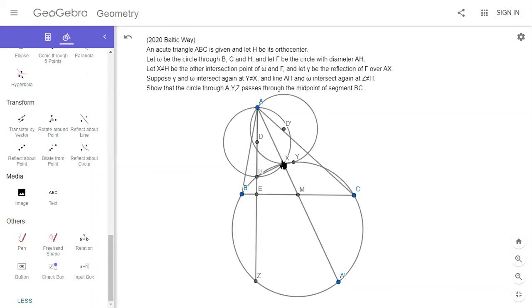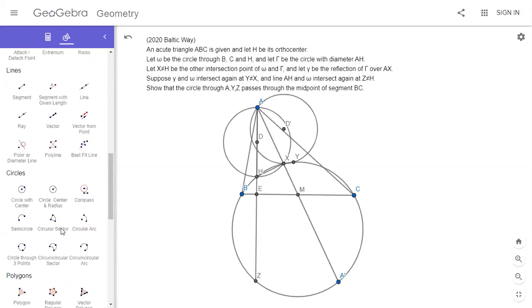So XYA is AHX and XYZ. So let's see, is XY the angle bisector of AYZ?